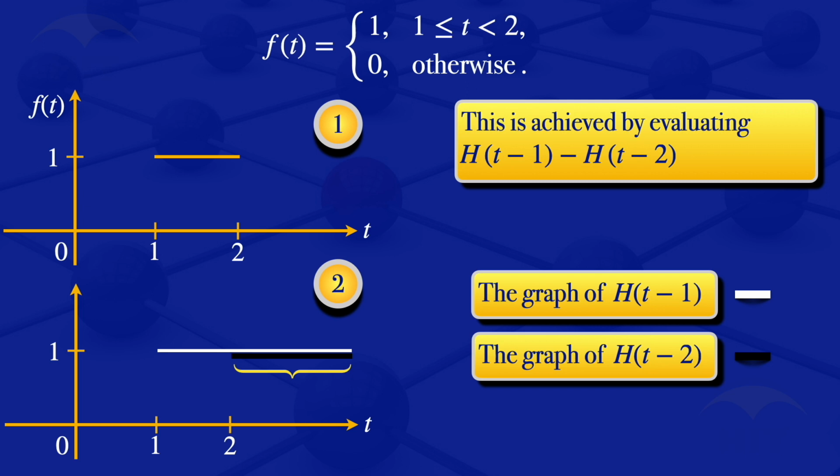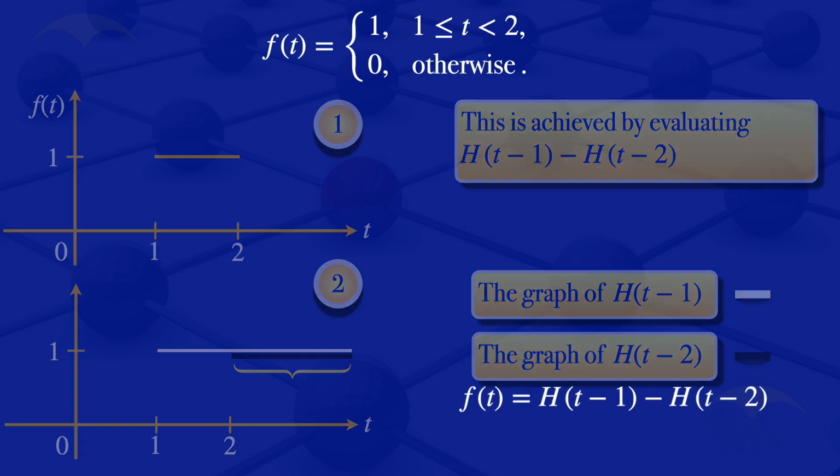So that will be our f(t). So f(t) is equal to h(t minus 1) minus h(t minus 2), which is the same result we obtain by inspection only. But if you do these problems again and again, you'll be able to write the function f(t) in terms of the Heaviside function just by inspection.